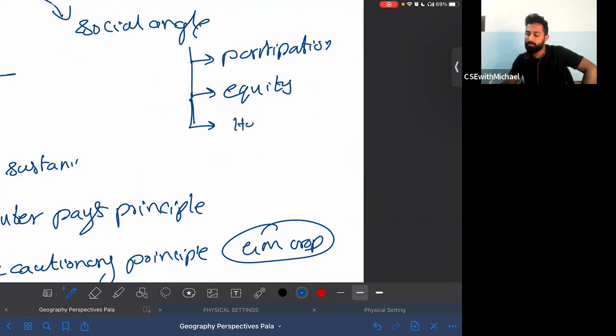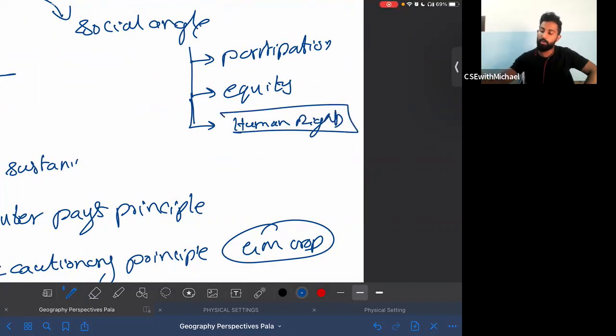And the human rights principle: environment is a human right. People have the right to use the environment for their basic needs, right? So this much is what we are seeing with respect to the principles that go into policy formulation. Now we'll write a few words about this.